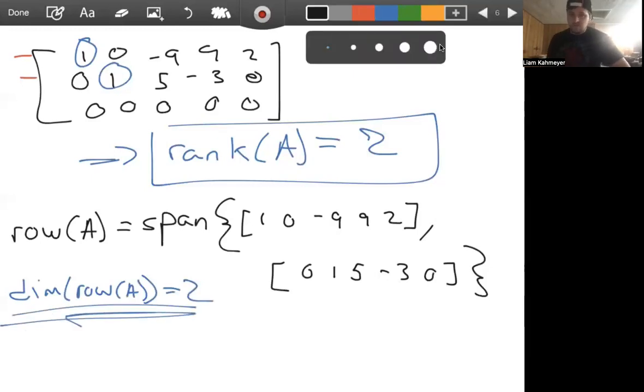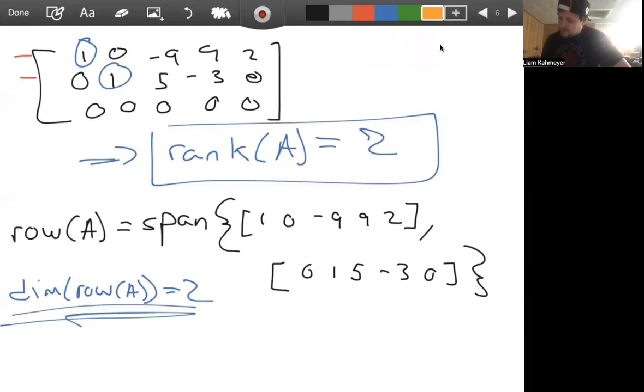How do we find the column space though? We look at the pivot columns this time, and it's the first two. But we are not guaranteed that under row operations the column space is preserved.